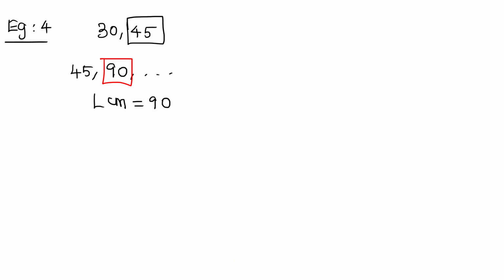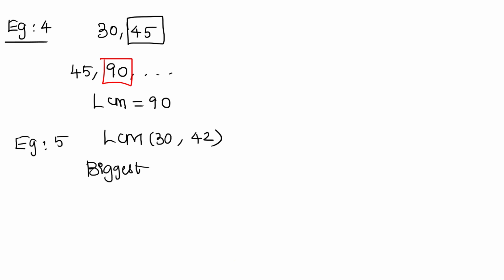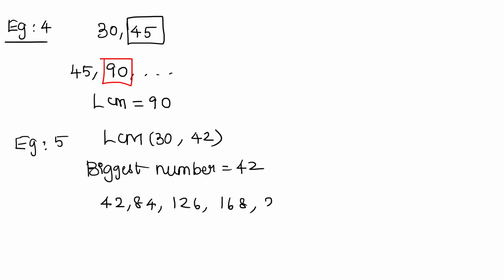Let me explain one more example so you will understand very clearly. Example 5: find the LCM of 30 and 42. When I choose the biggest number, it is 42. I know 42 is not divisible by 30. Now start writing the multiples of 42: 42, 84, 126, 168, 210.